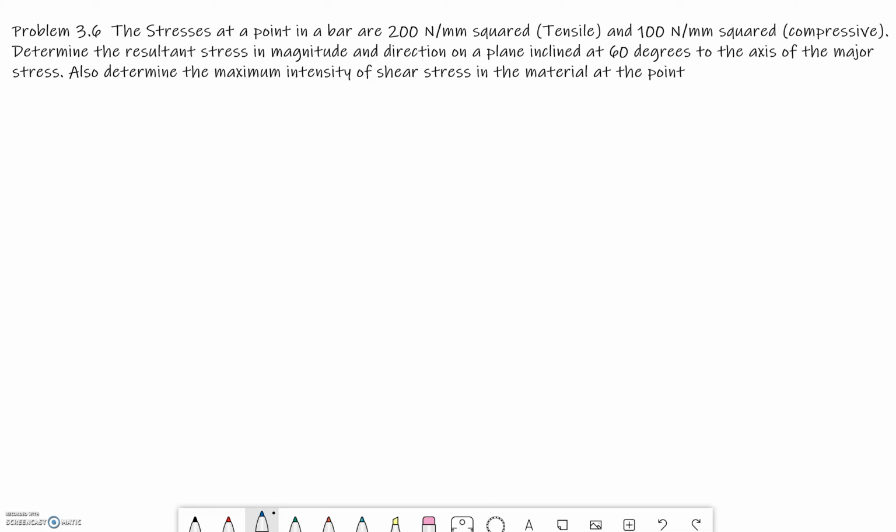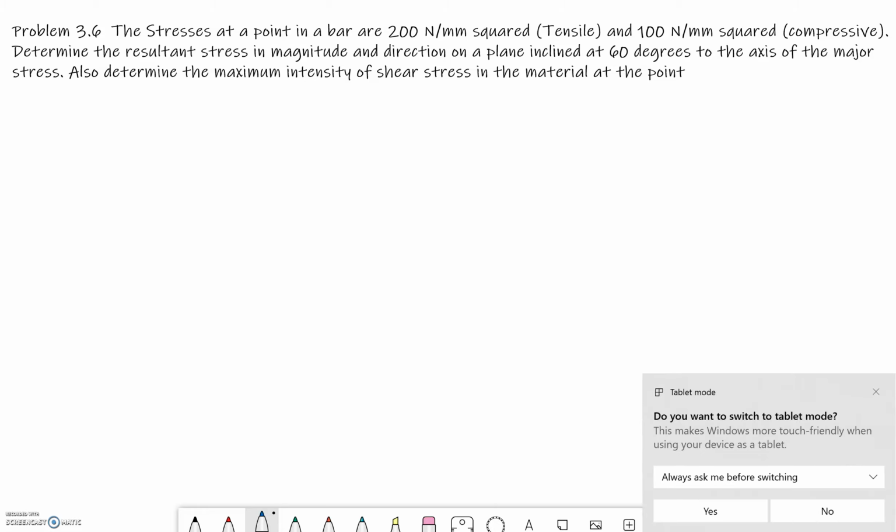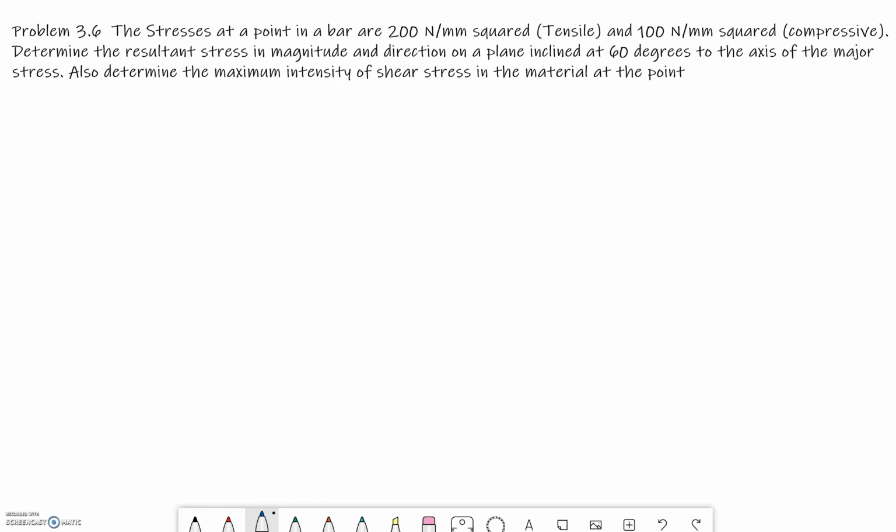Now, let us first look at what we need to draw. If you consider your member, this is your major stress and this is your minor stress.